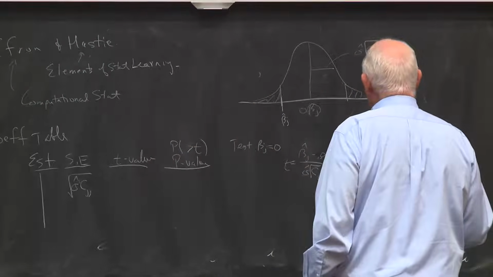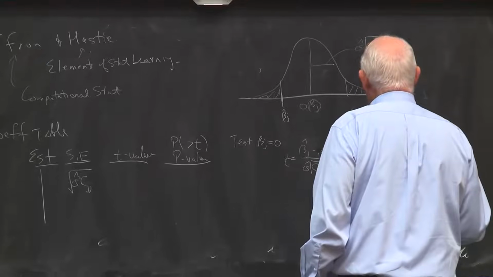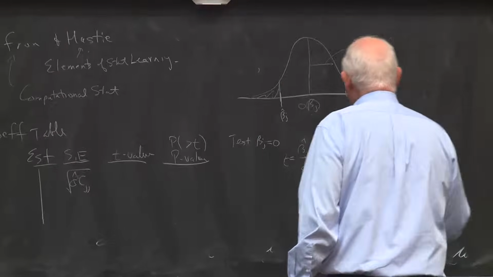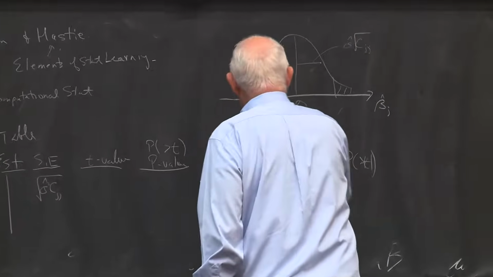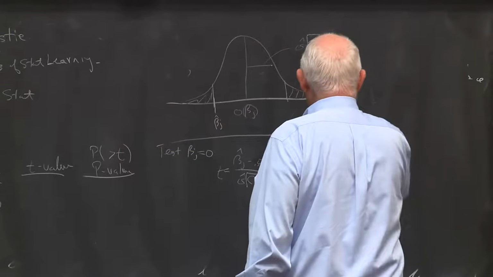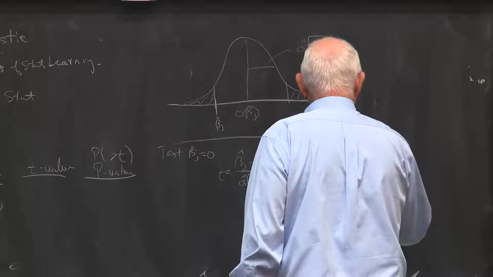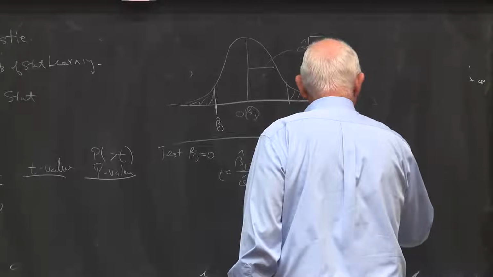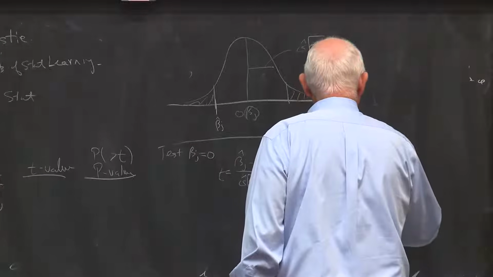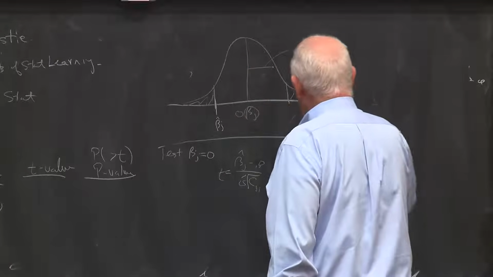With this, if we consider changing the scale here to just be beta hat j divided by sigma hat square root of Cjj, this is our t-statistic.